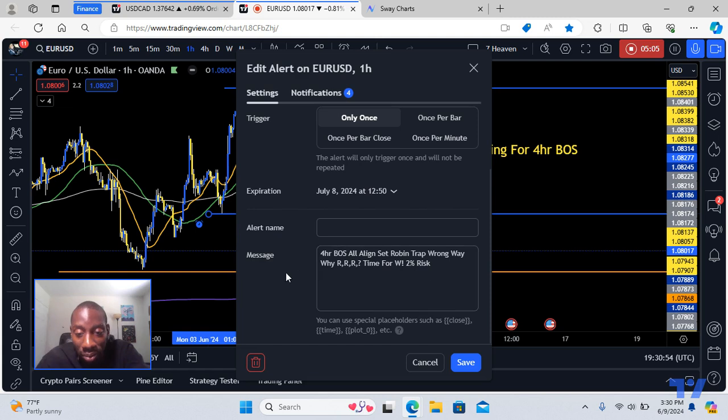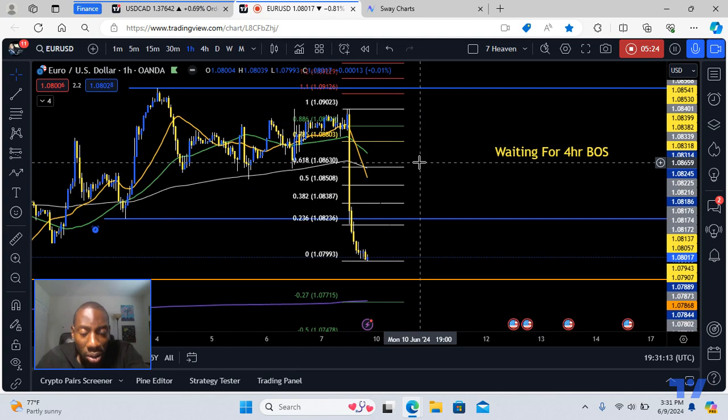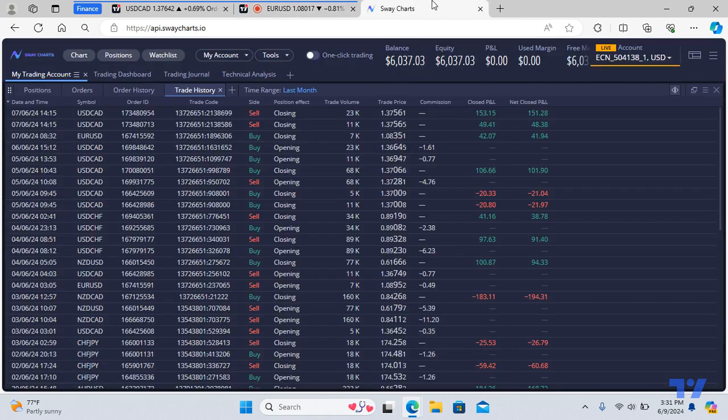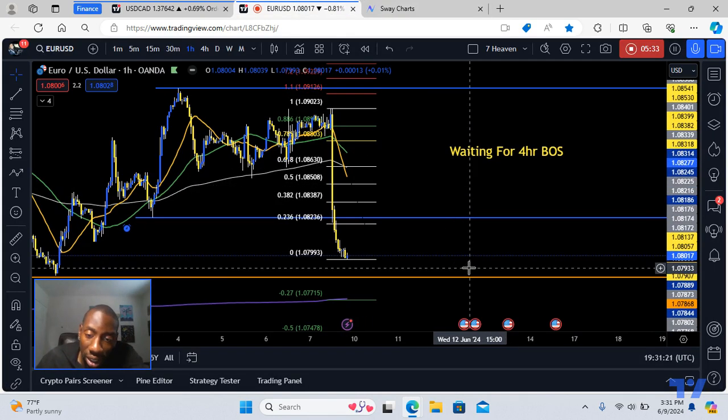Then we could set things up. Now I have it written here, a 4 hour break of structure. I did write this a while back, but I just refreshed it. So I did 2%. For this $6,000 live account that I have here, I'll be risking $200 to make $100 on this next trade.